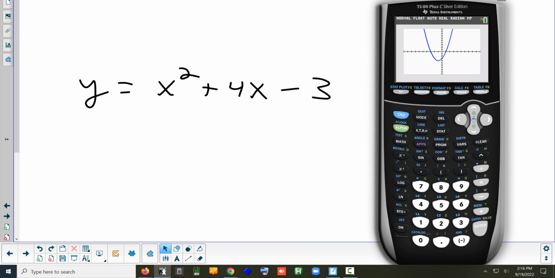No, it still crossed twice. What happened? Oh, I know what happened. I would have to make this a plus. Let's try that. Now I don't think it'll cross at all. Yeah.